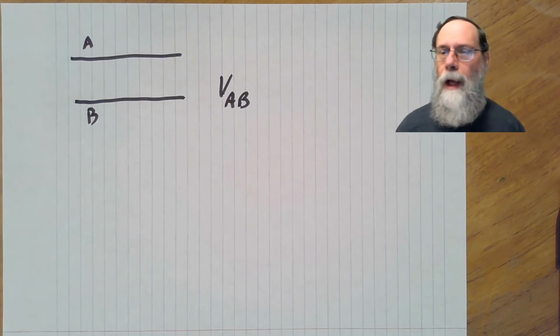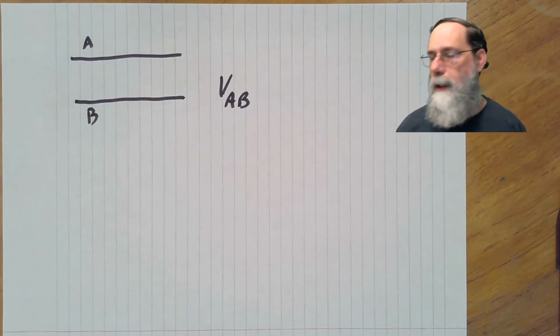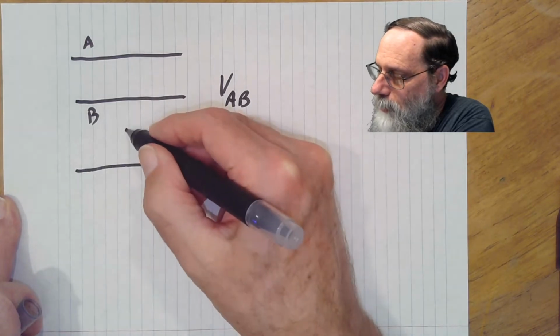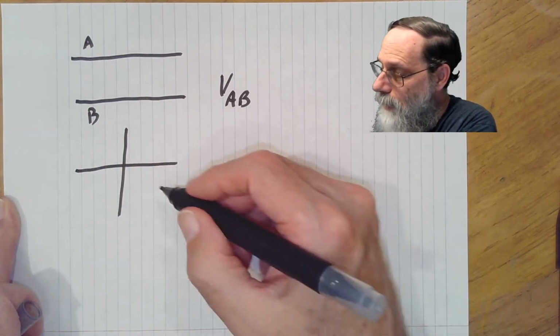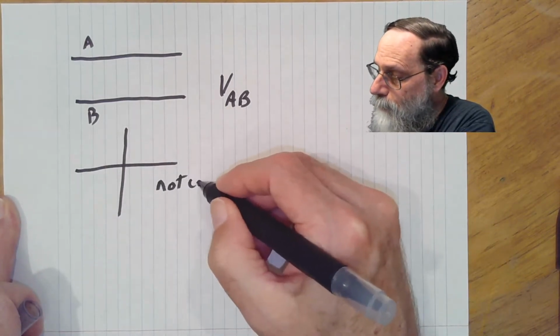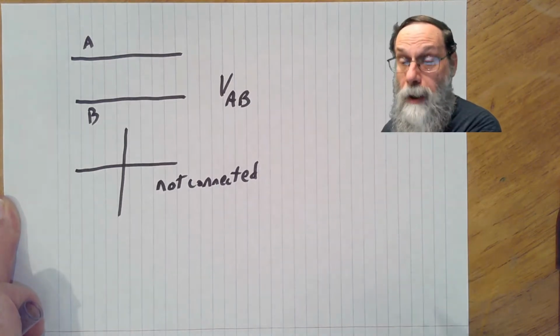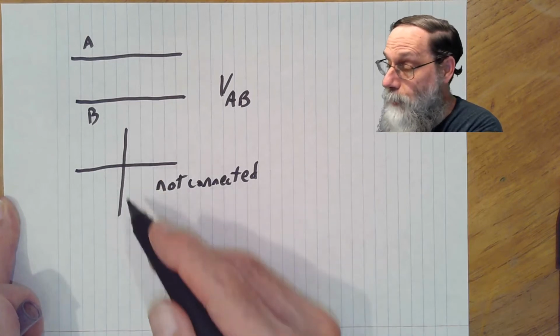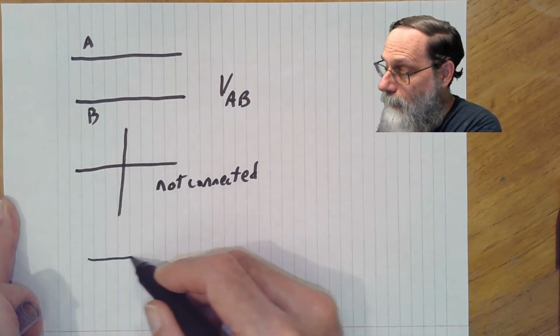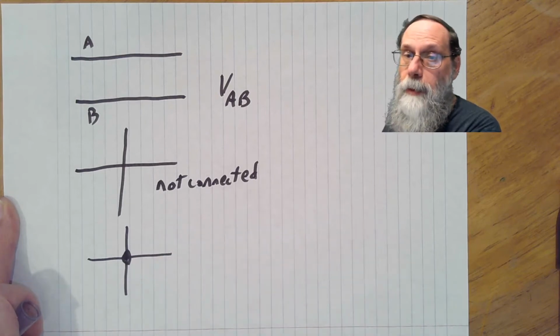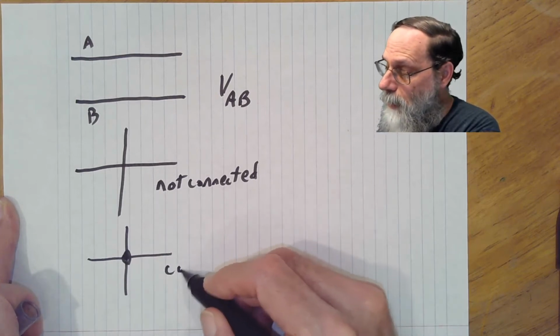When we're drawing schematics, incidentally, if we draw two lines crossing like this, they're not connected. They have possibly different potentials. There can be a voltage difference between those two lines. If we wanted to draw two lines crossing and say that they are connected, we have to put a connection dot. So these are connected.